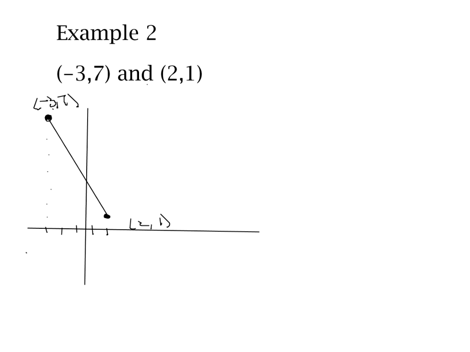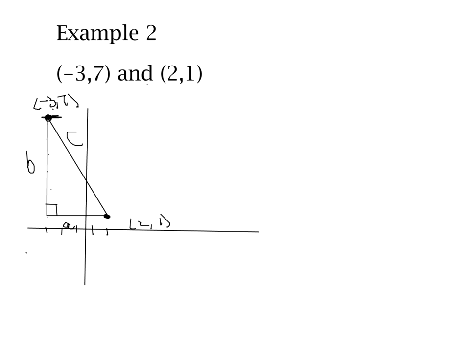Okay, so the distance that I'm trying to find is right there, and that's going to be my C, my hypotenuse. So I'm going to go straight down and straight across. There's my right angle. So this is B, and this is A.